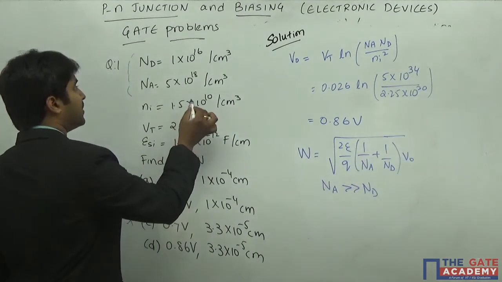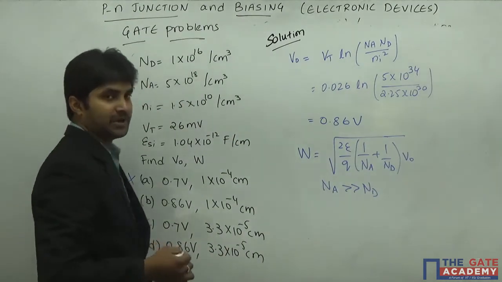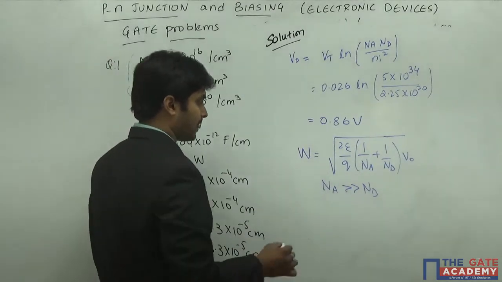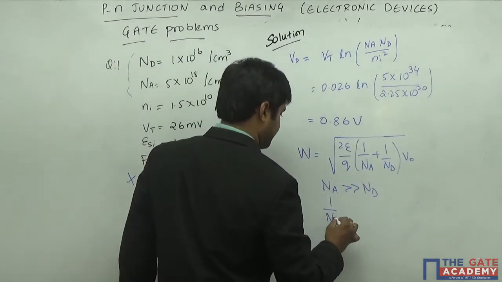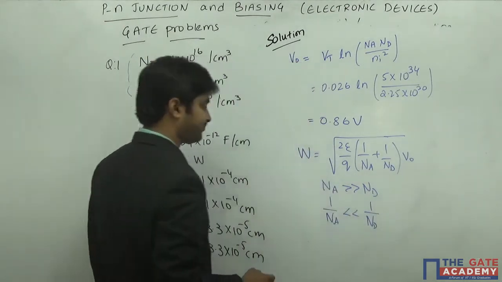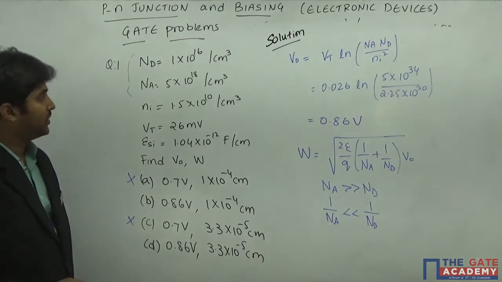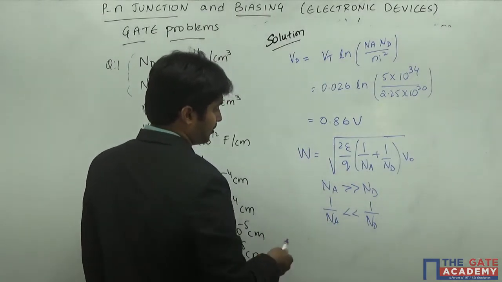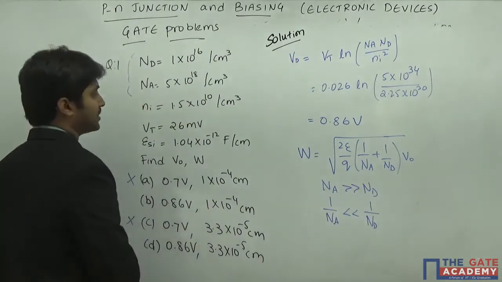Na is 5 into 10 power 18, Nd is 1 into 10 power 16. So 1 by Na is much lesser when compared to 1 by Nd. So I can eliminate 1 by Na because 1 by Nd is a much higher value, and only consider that one.